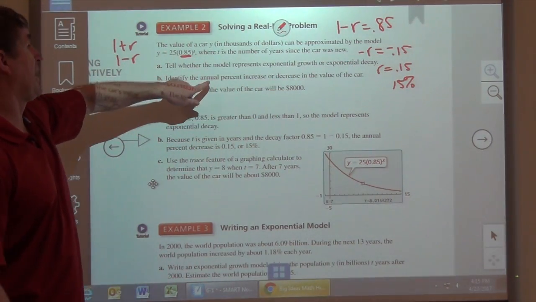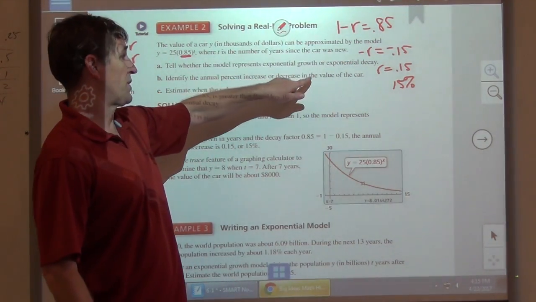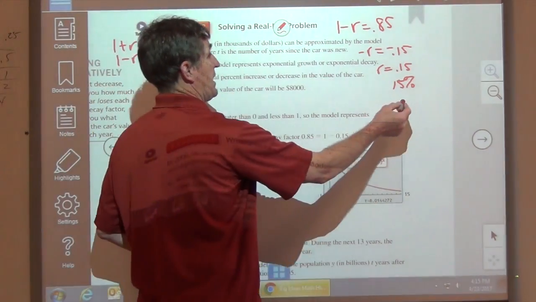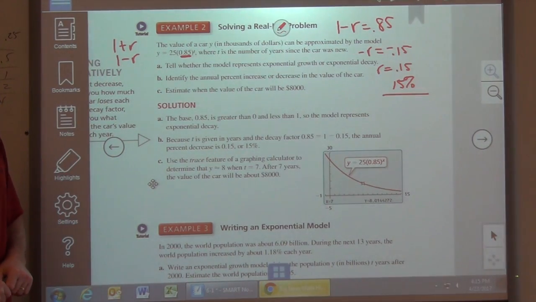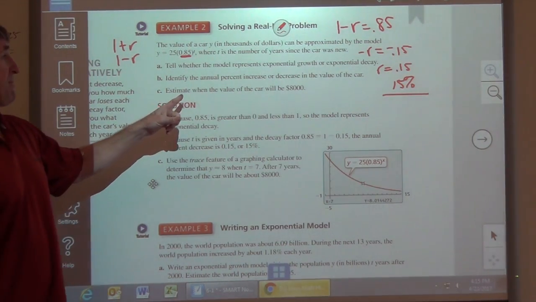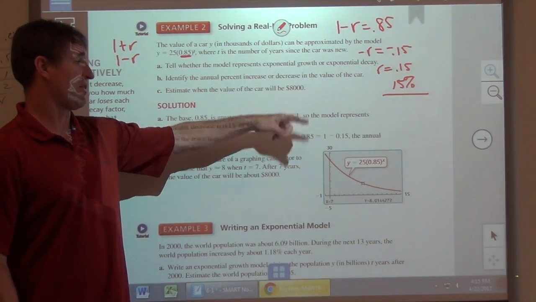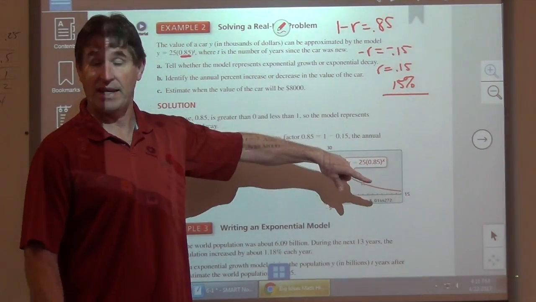Okay? Identify the annual percentage increase or decrease of the value of the car. That's what we did here. We found out the actual rate of decrease is 15%. And then it says estimate when the car value will be $8,000. Well, we can do that on the graphing calculator.